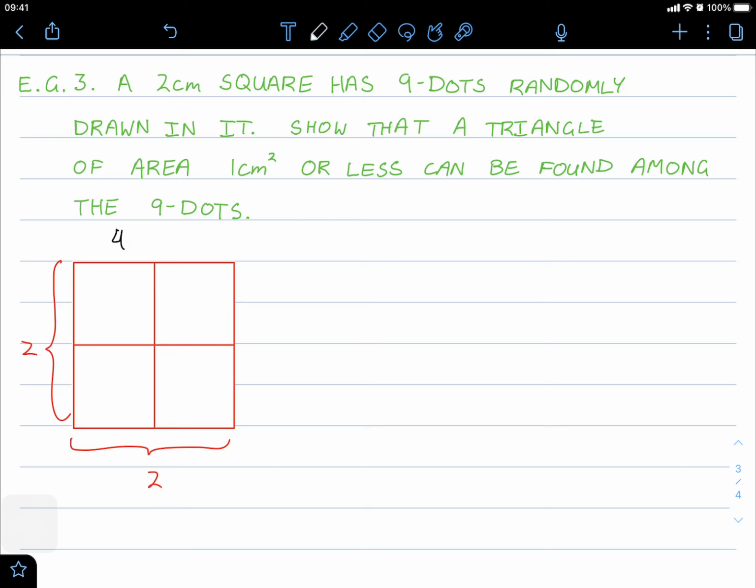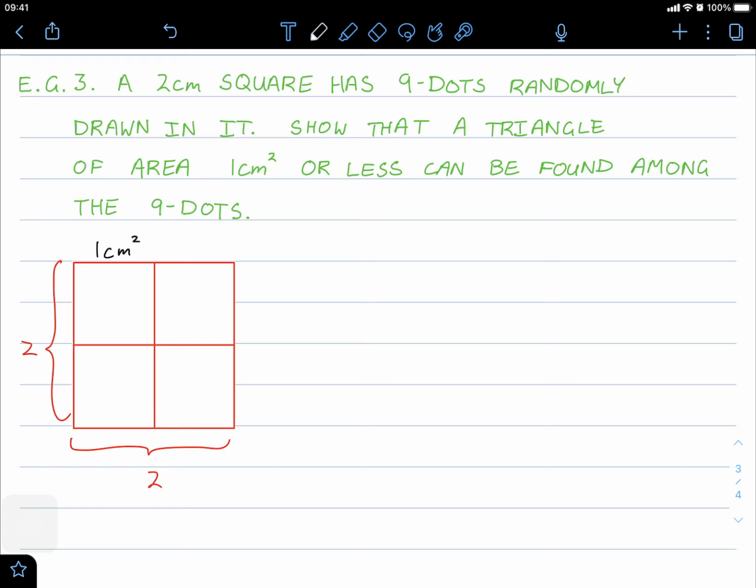Likewise, if we were to take a look at the area of this smaller square here, that's 1 centimeter, and that's 1 centimeter. The area of this is going to be 1 centimeter squared.